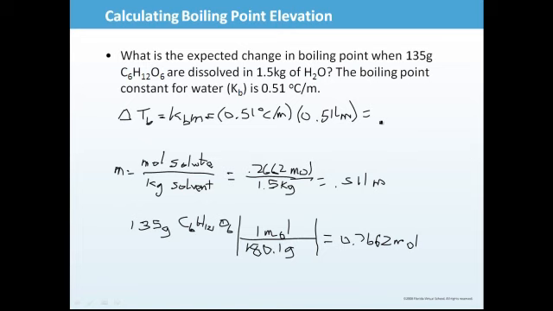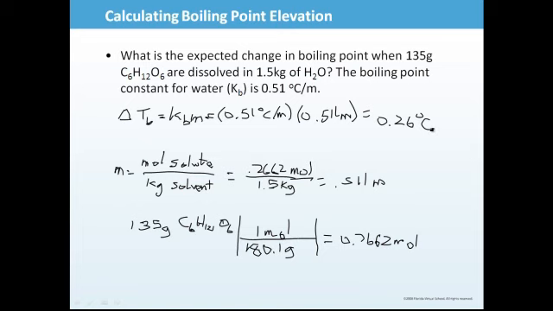Okay, so our change in temperature here is going to be 0.26 degrees Celsius. Now again, that is our change in temperature. All right, and the question asks us what is the expected change. So that would be our final answer.